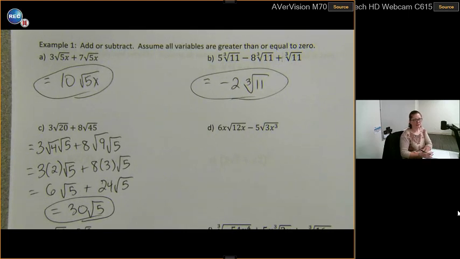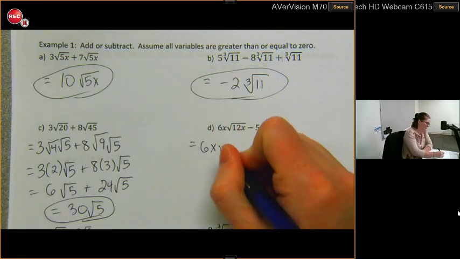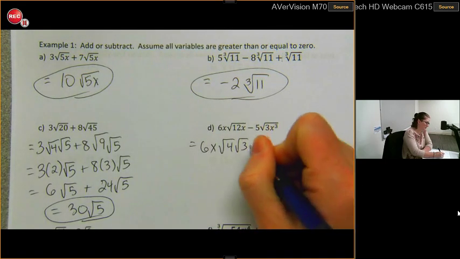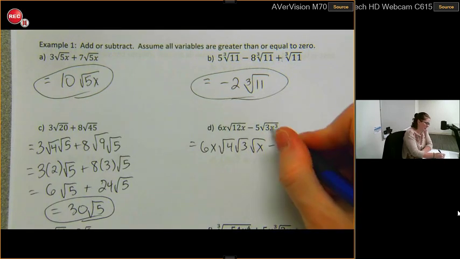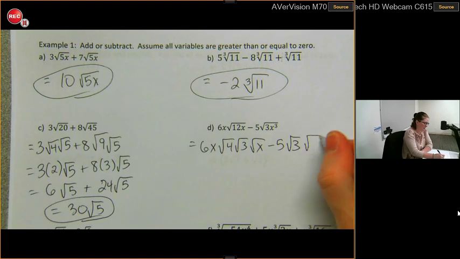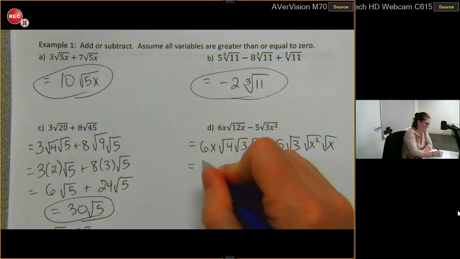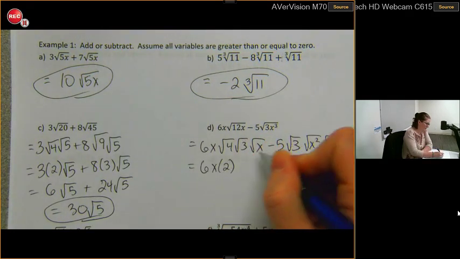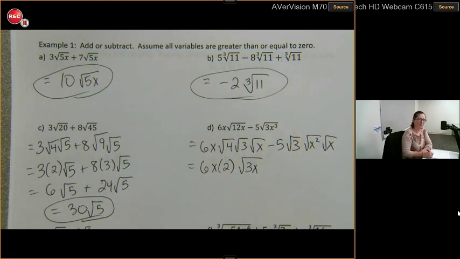Part D, again, radicals are not like, but I can do a little bit of simplifying first. So 12 is 4 times 3. X to the third, I can break that down into x squared and x. So square root of 3 and square root of x, I don't know either of those, so I'm going to put them back together.